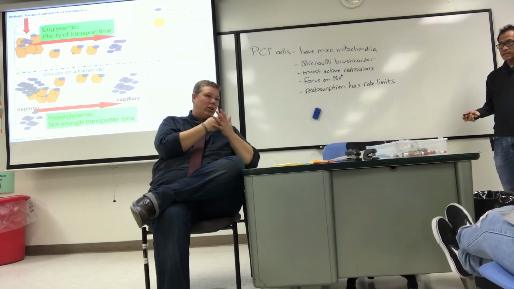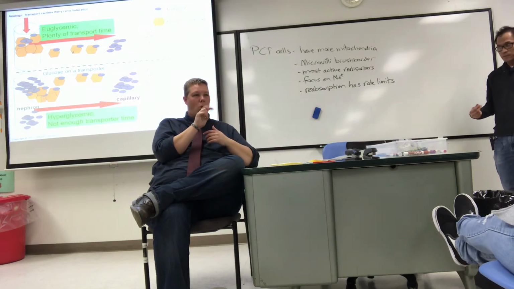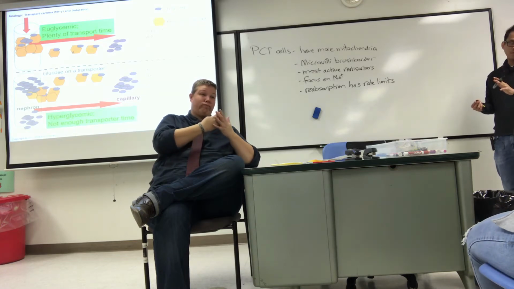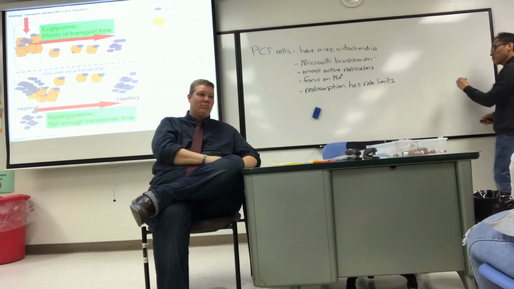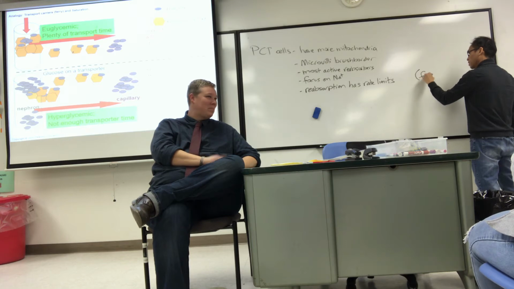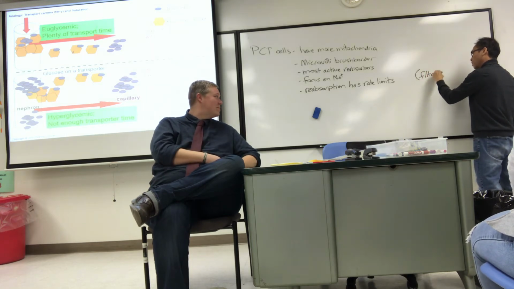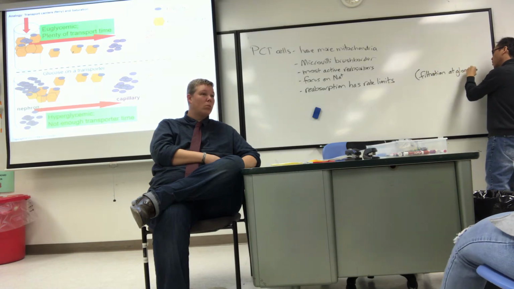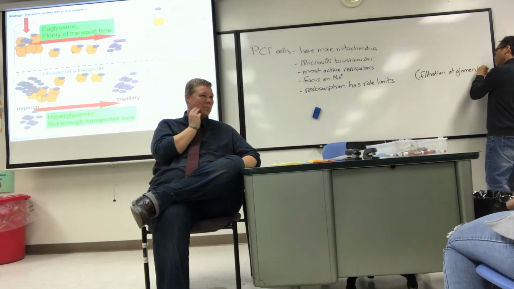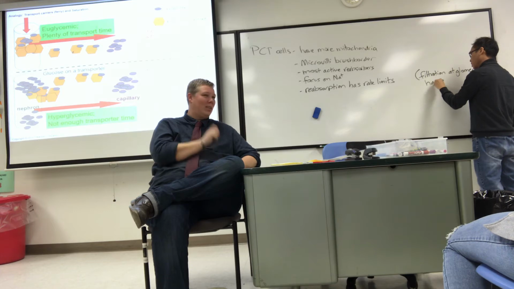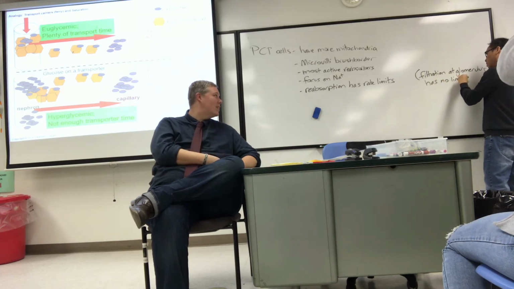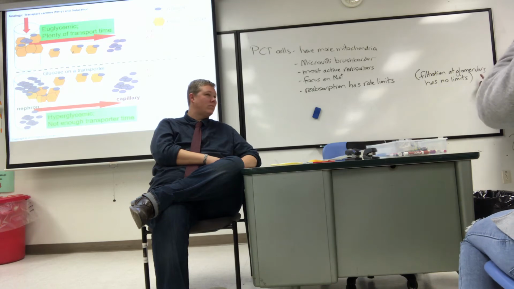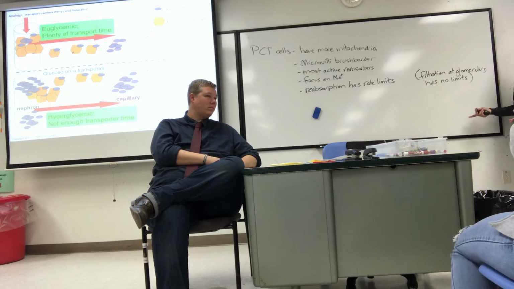Filtration as a process has no limits. You can filter as much as you need to, as long as it can make it through the filter. So that's another thing you should know. Filtration at the glomerulus has no limits. As long as it's small enough to make it through the filtration membrane at the glomerulus, it'll go right on through to the PCT.